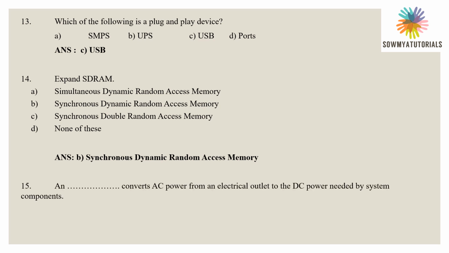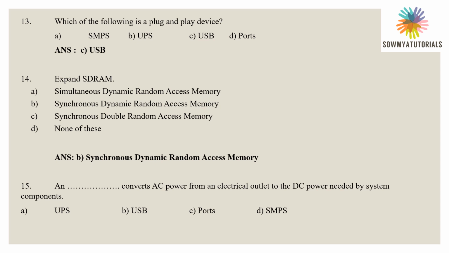Then question number 15. Dash converts AC power from an electrical outlet to the DC power needed by the system component. So what are the options here? Option A UPS, option B USB, option C port, option D SMPS. What is the UPS?